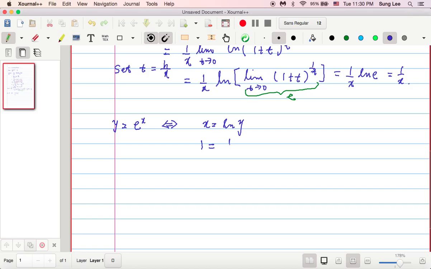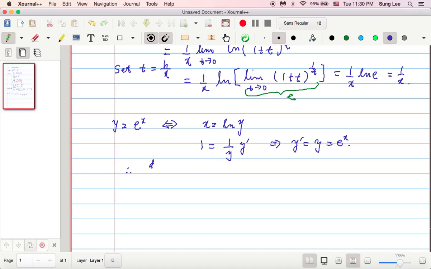First, it's 1 over y, and then you have to multiply that by y prime. Implicit differentiation is nothing other than the chain rule, remember? So here we get y prime equals y, but what was y? Y equals e to the x.